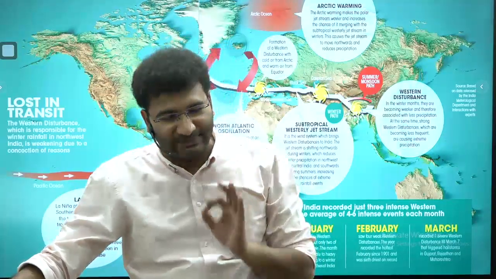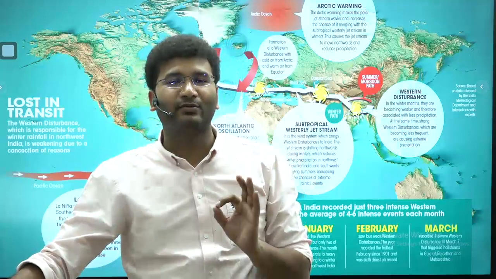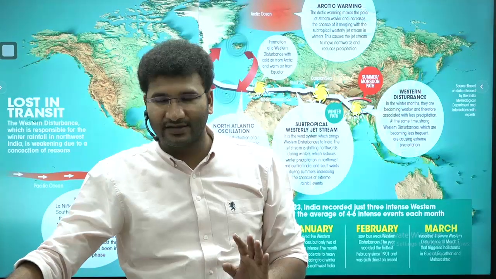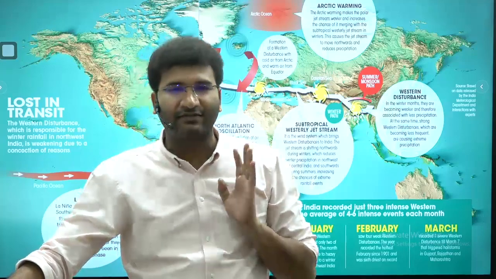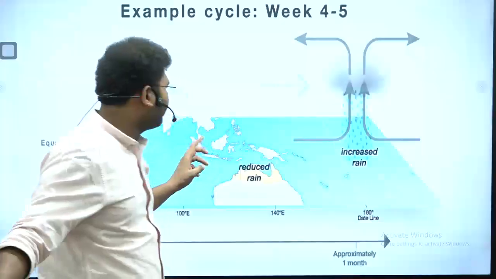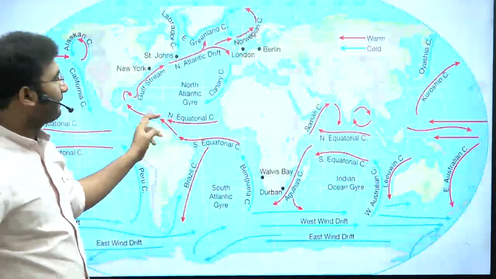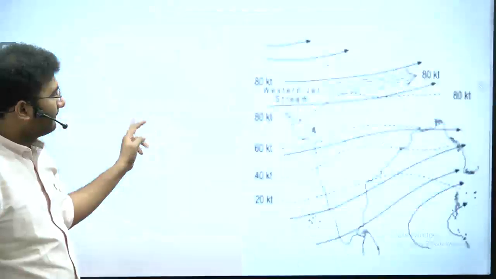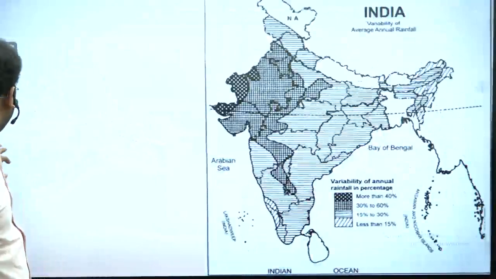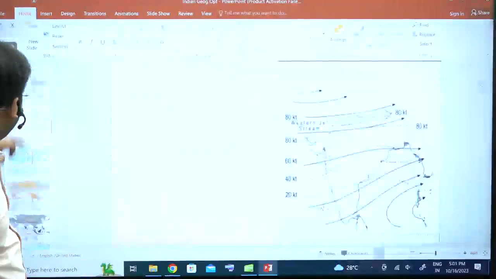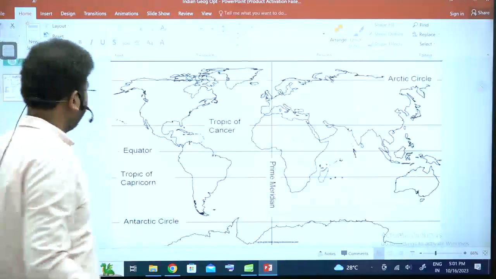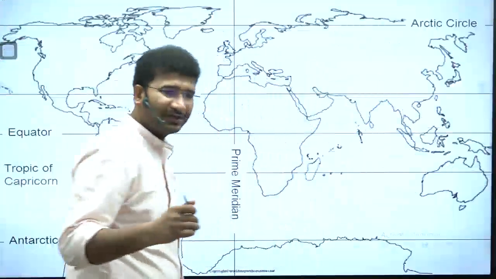Pseudo monsoon is simply nothing but where the monsoon will not take place completely. ठीक है? China, Africa. Look at the situation of Africa. Monsoon means what?